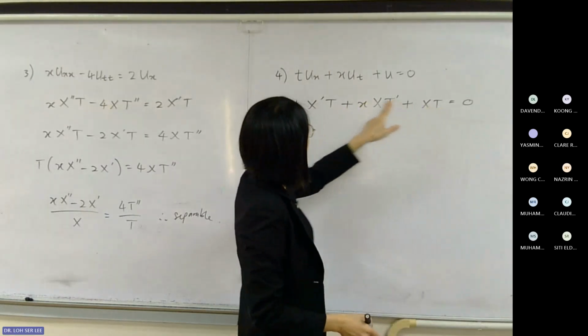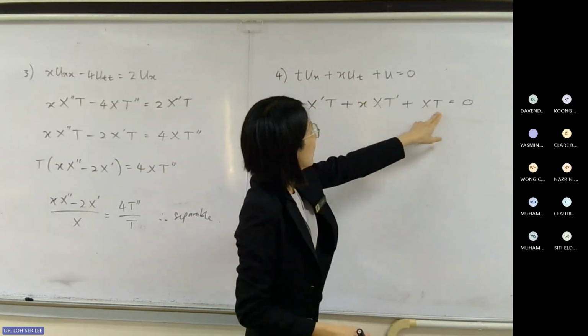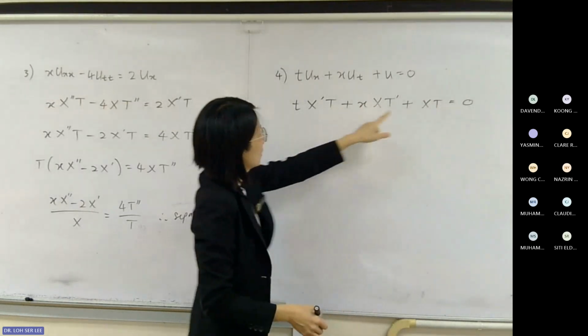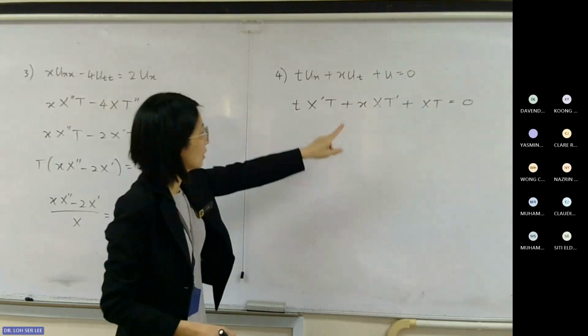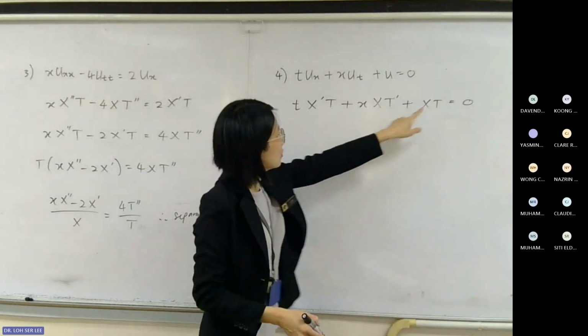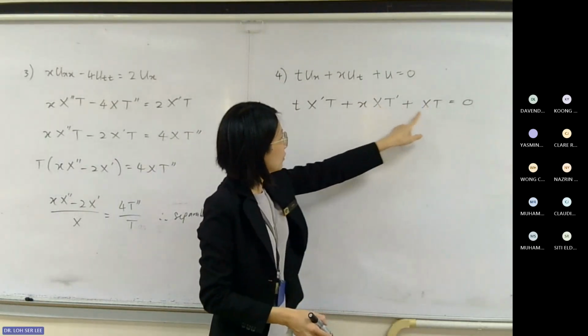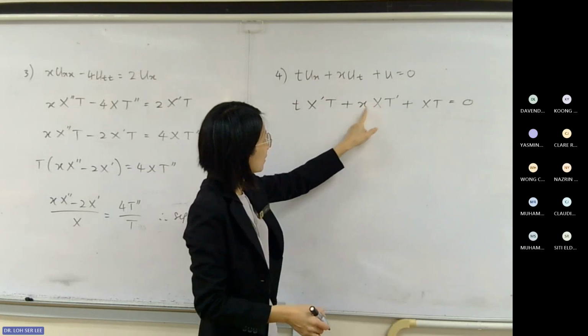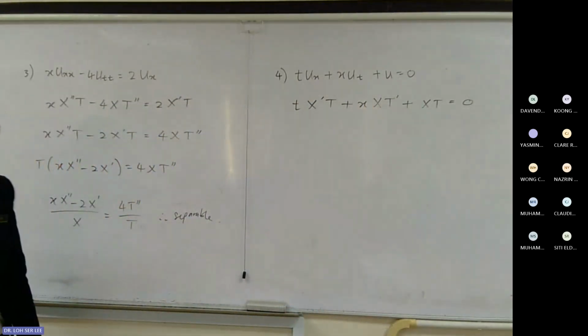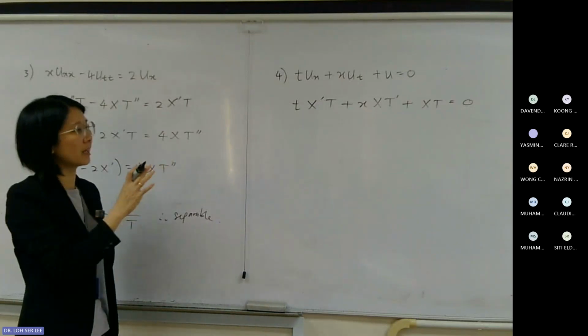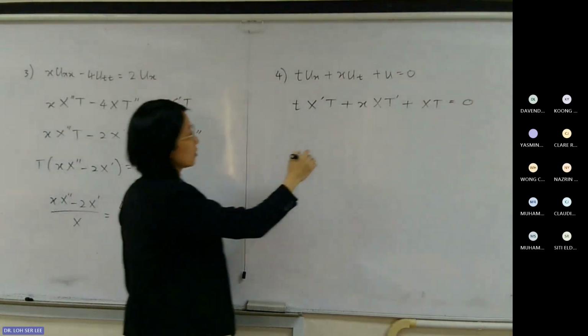Okay, these two, we have t, but after you factorize the t, you have tx prime x. Okay, it doesn't work. And these two, after you factorize the x, you have xt prime plus t, and it doesn't work as well. Because we want to separate the x and t completely. So this is not separable.